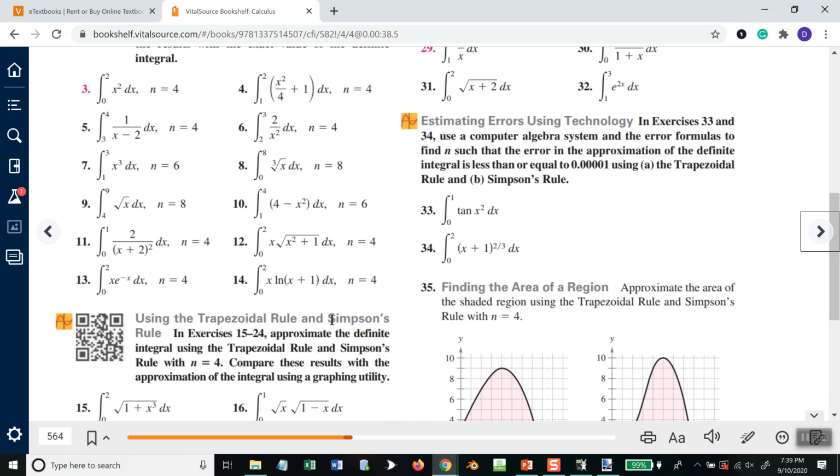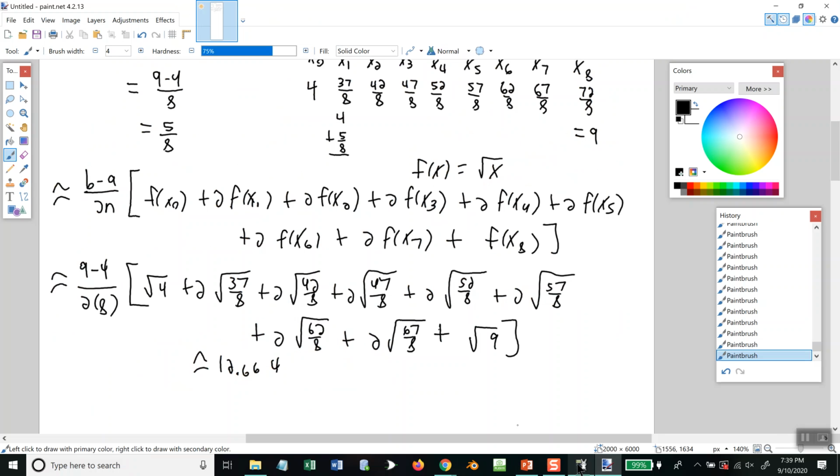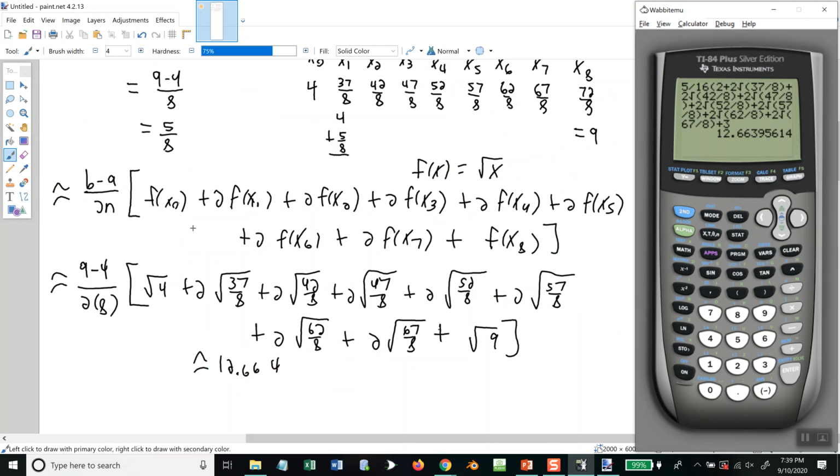But if you've got something more complex to put in, go put your function in the y equals first. So this one was square root of x, like that. And then I'm going to exit out. Now we want to type this in with the numbers plugged in. So b minus a, that's again 9 minus 4, is 5 over 16.